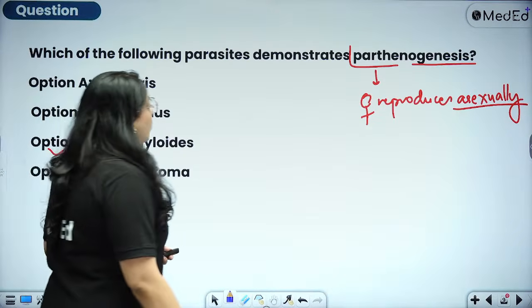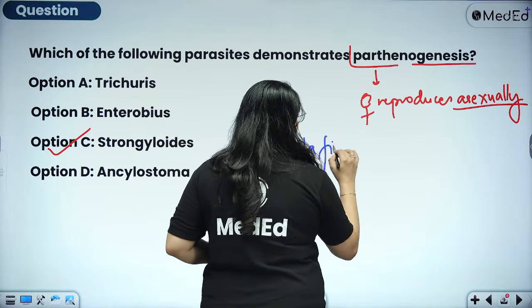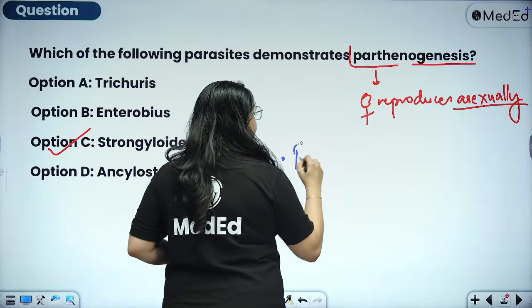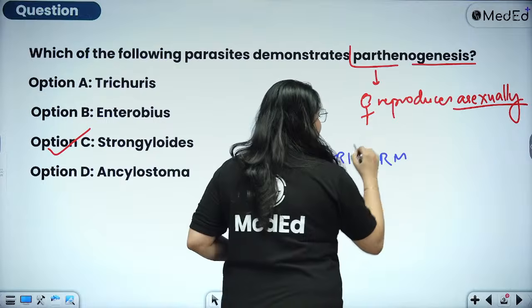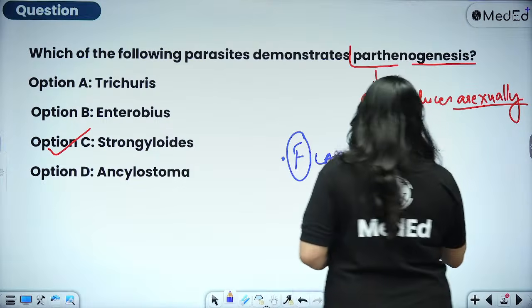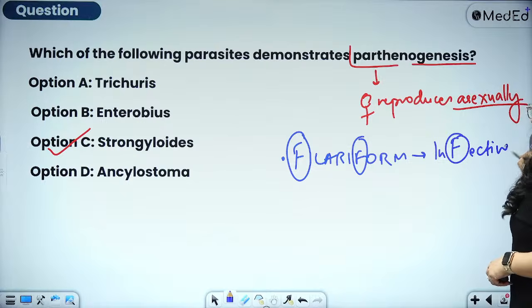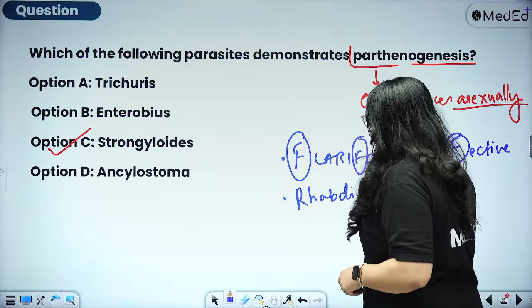Great. We know the two types of larva: the filariform larva is always the infective stage, whereas the rhabditiform is always the diagnostic stage.